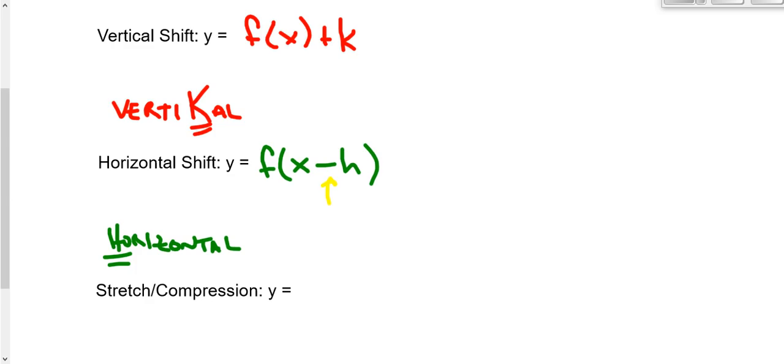And the original direction that the horizontal shift is intended to happen is to the right. So if we see the negative sign, that means that we are moving to the right. And this is the part we said was counterintuitive. Usually when we see a minus sign, we want to move to the left, and a plus sign, we want to move to the right. But in this case, it's actually opposite.